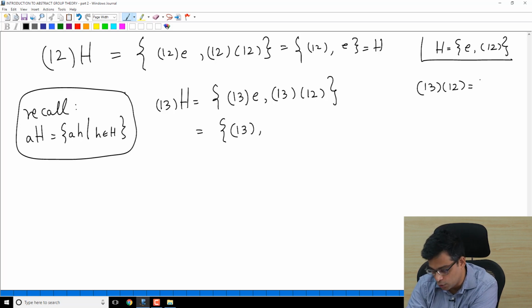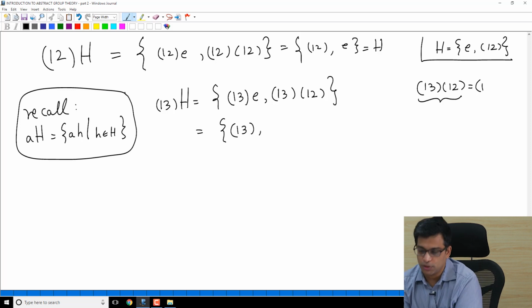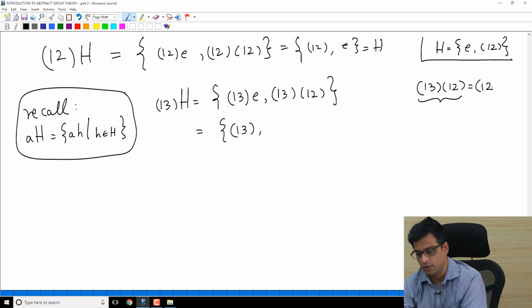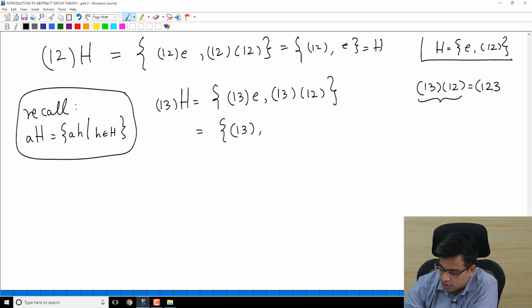You put a bracket, and you can start with any number. Let's start with 1 and determine the image of 1 under the product. It's a composition of functions. 1 goes to 2 under the first function, 2 goes to 2 under the second function. So 1 goes to 2 under the composition. Where does 2 go? 2 goes to 1 under the first function and 1 goes to 3 under the second function. So 2 goes to 3 under the composition. So I put 3 there.